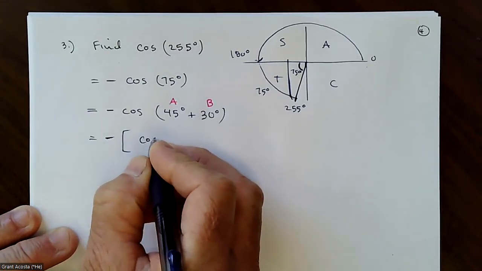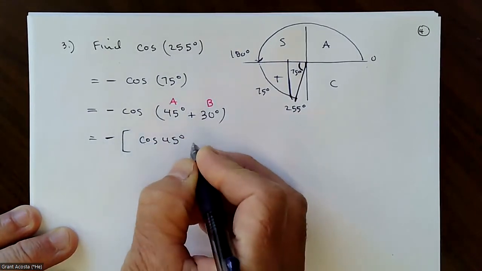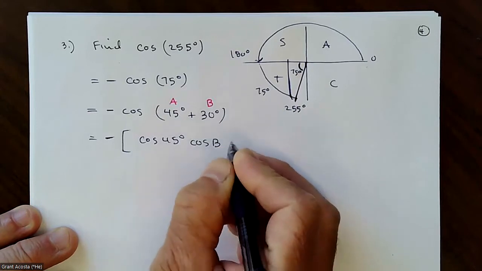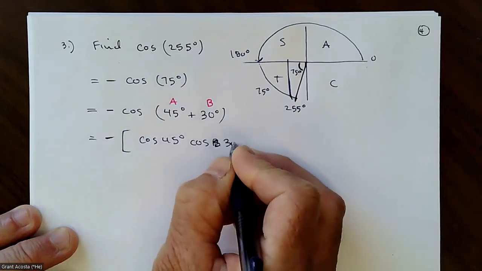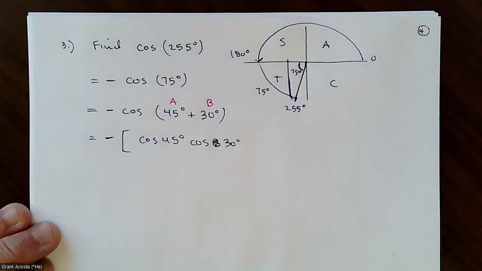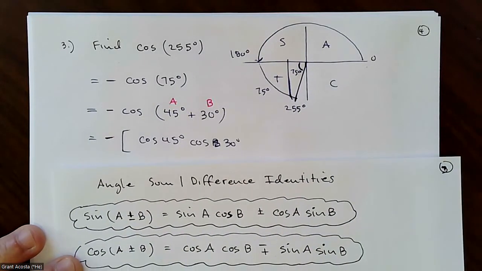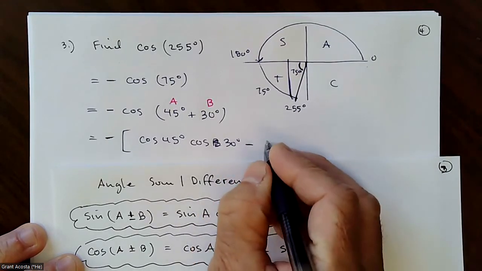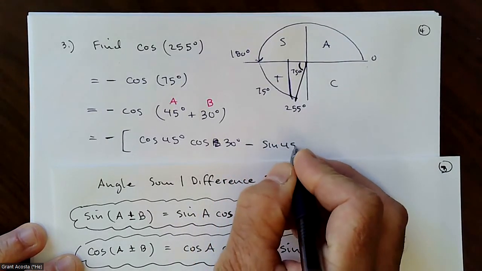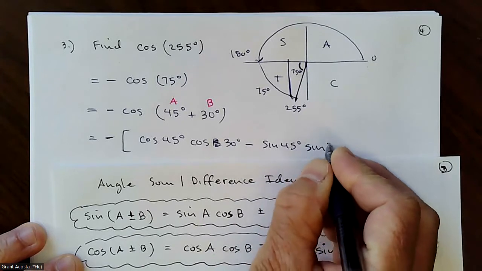My identity is cosine A, cosine B, which is 30 degrees. Let me put this here below. So I'm using this one down here. When I'm adding, I actually then subtract now. So it's going to be minus sine of 45 degrees times the sine of 30 degrees.